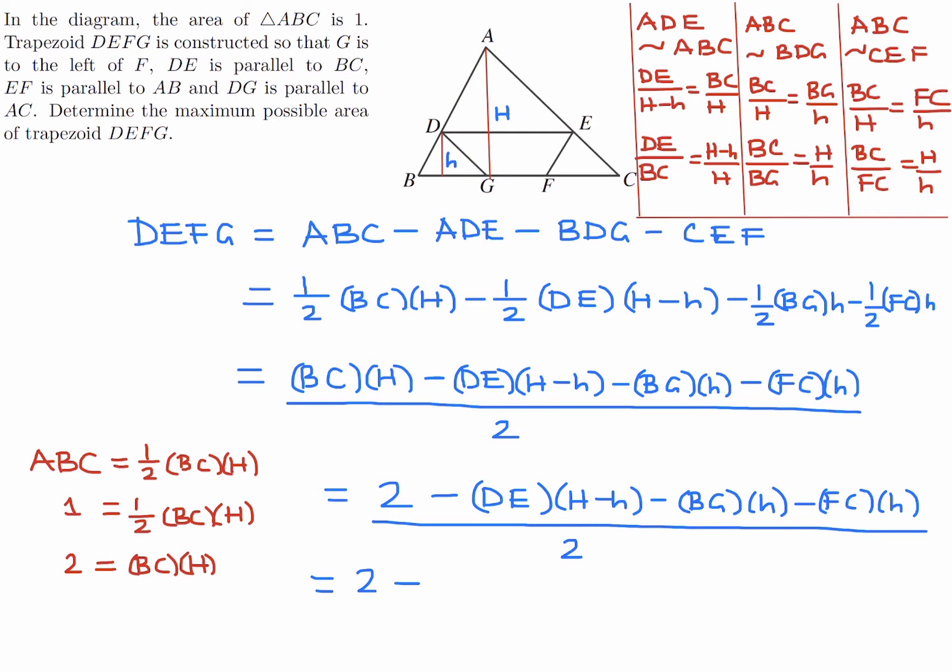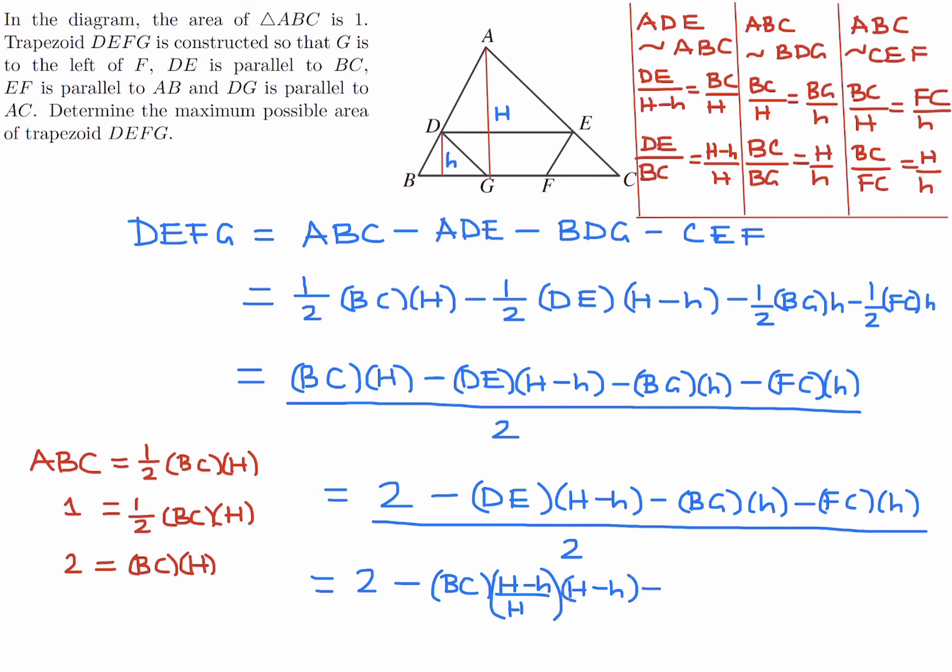So that's going to be BC times (H minus h). Instead of saying big H and small h, I'll just say H minus h, you understand. And I think that's it for DE. Then make sure you do this algebra very carefully. I've got an H minus h here.